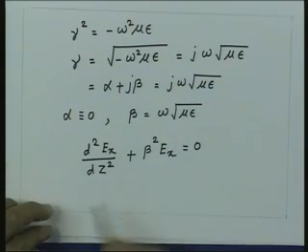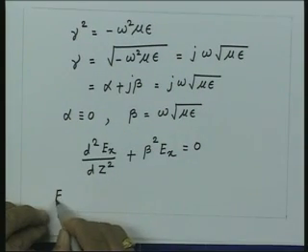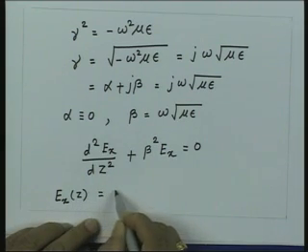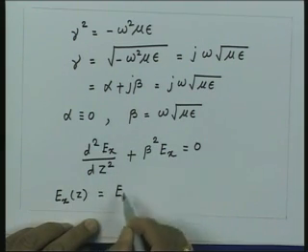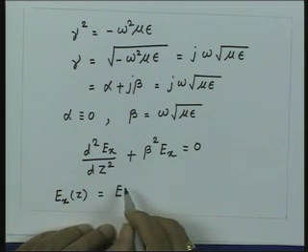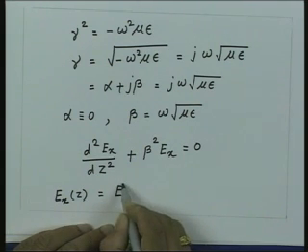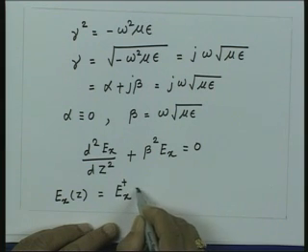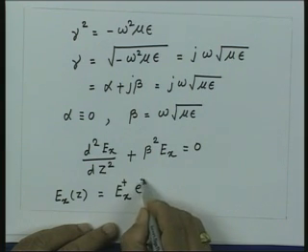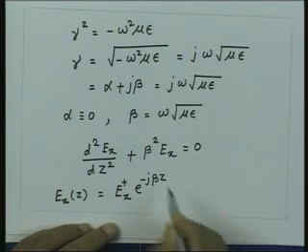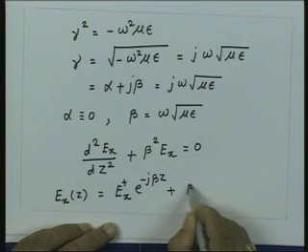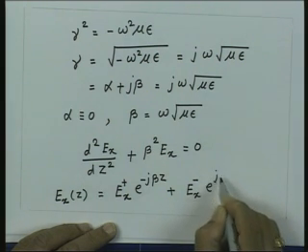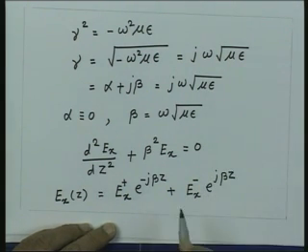And the solution of this can be easily written as Ex as a function of z, equal to some arbitrary constant, we call it E plus, x component only, e to the power minus j beta z, plus some other arbitrary constant E minus, e to the power j beta z.